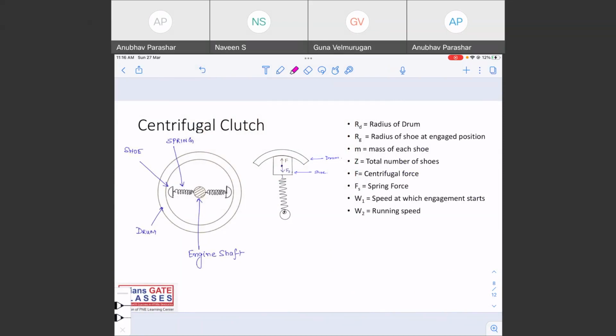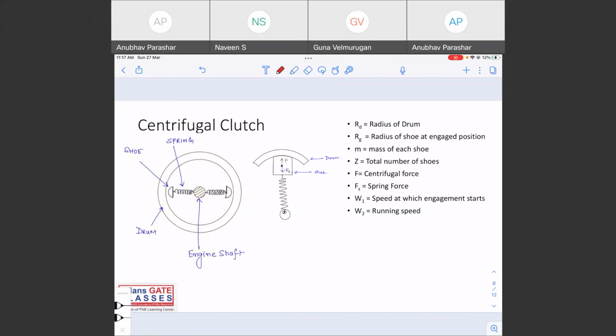Let us try to understand here. RD is the radius of the drum. So this is the drum. R is the radius of the shoe at the engaged position. There is a slight difference between the radius of the drum and the radius of the shoe.